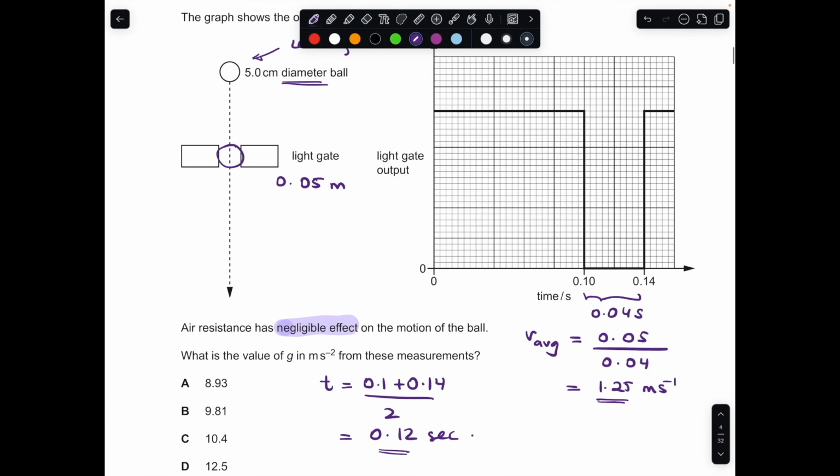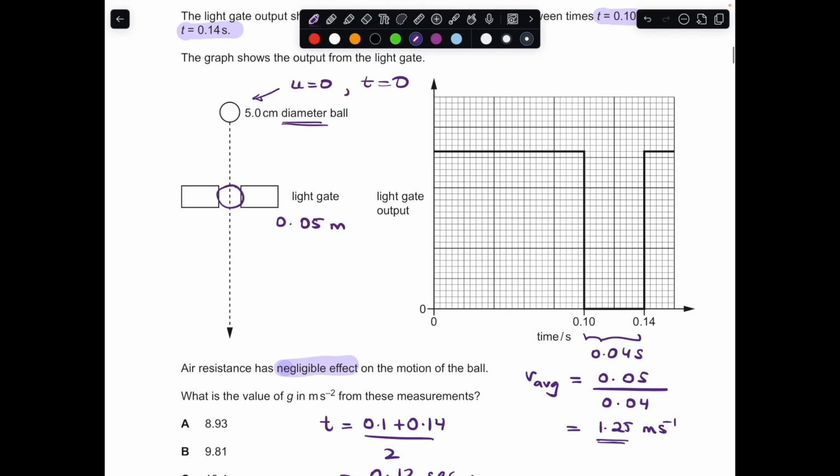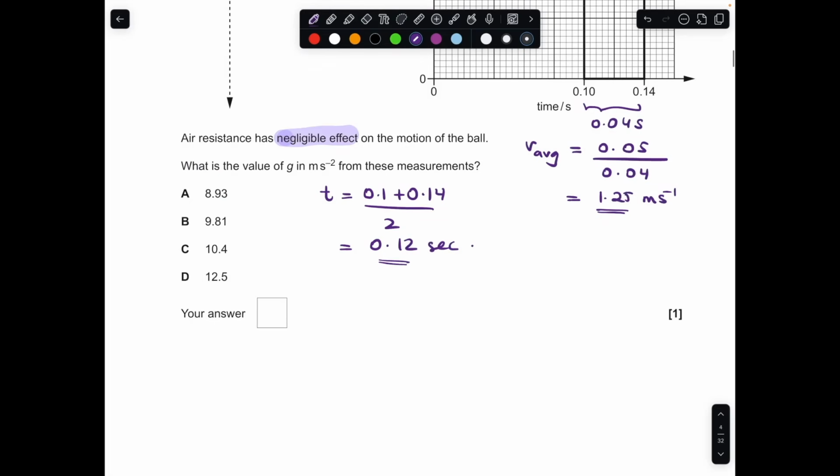Point number 3, if we consider SUVAT from the beginning of this motion, we know that v is equal to u plus gt, with v being 1.25 and u being 0. g is what we're trying to find out, and t is the time interval from the beginning, which is t equals 0, and therefore 0.12 seconds is the time to be used.